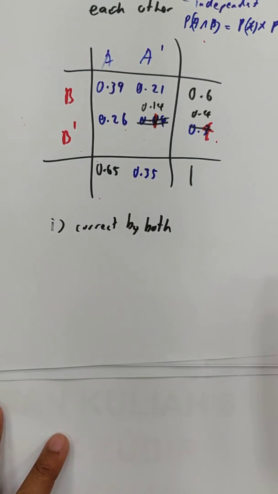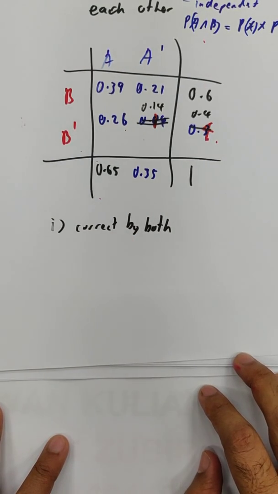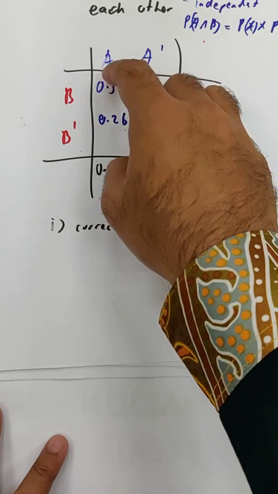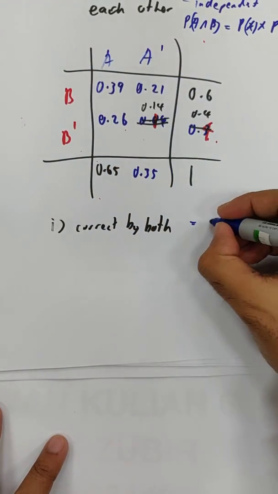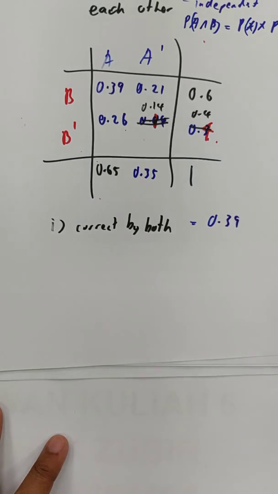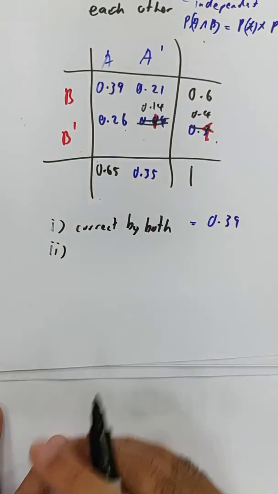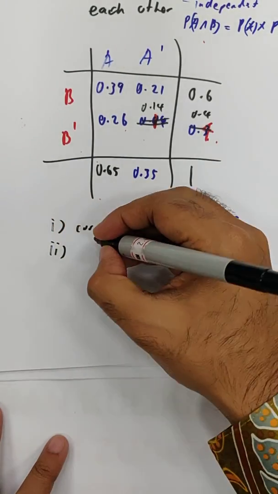If correct by both is which one? Correct by both? The intersect of Aziz and Bong, 0.39. Now, if I ask you only one of them correct?